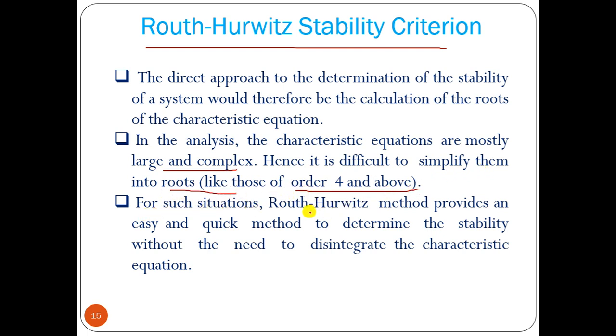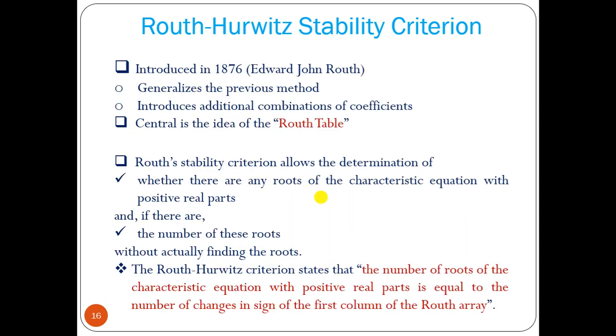For such situations, the Routh-Hurwitz method provides an easy and quick method to determine stability without the need to disintegrate the characteristic equation. That means without calculating the value of poles or roots of the characteristic equation, we can find out the stability of the system using this Routh-Hurwitz stability criterion.